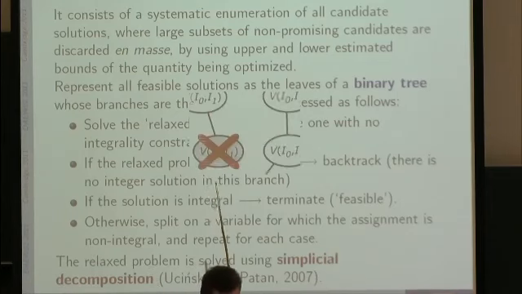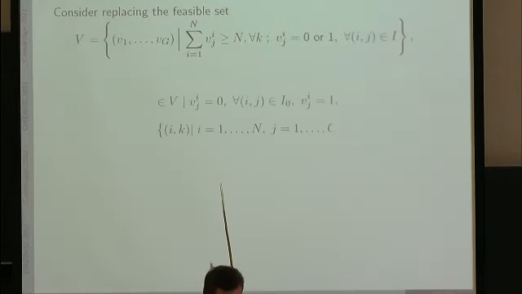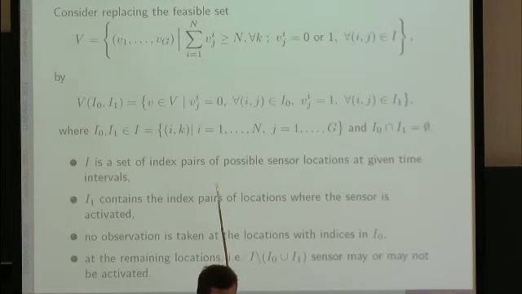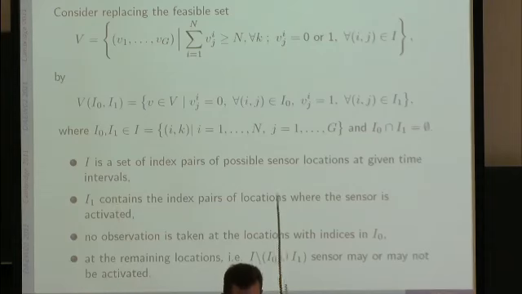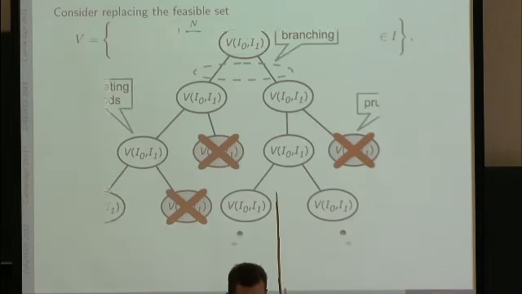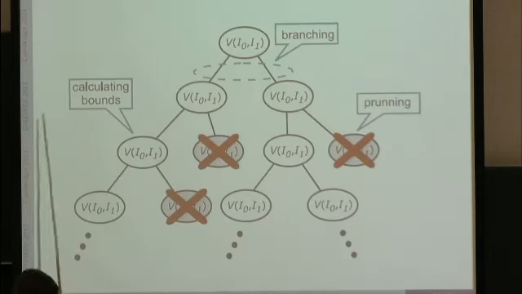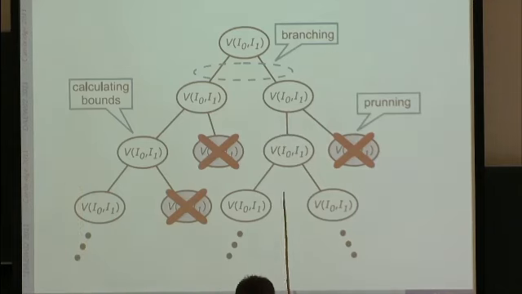So the really key problem is to propose a good bounding procedure. Branch and bound is a classical technique, and in order to implement it efficiently, you need a very good procedure for determining the bounds.